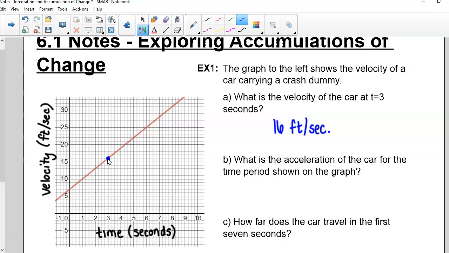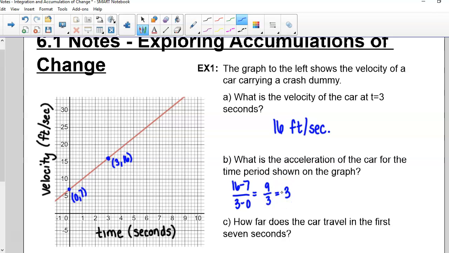It's a little hard to see, so I'm going to use this point right here, (0, 7), and this point was (3, 16). I'm just going to use the slope formula; you could count it if you wanted. So 16 minus 7 over 3 minus 0 is 9 over 3, so you get 3.